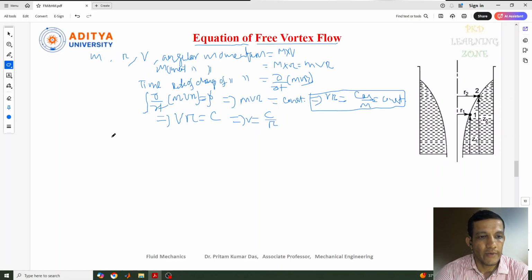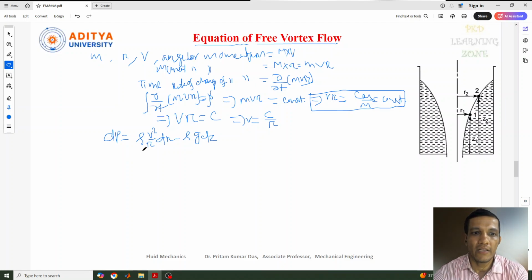Let me write that equation, the pressure variation equation: dp equal to rho v square by r into dr minus rho g dz. This is the pressure variation equation, or you can say the generalized equation for vortex flow, whether it is in the horizontal or the vertical plane. We have discussed the horizontal condition, when it is moving in the horizontal plane, and this is for the vertical one, because dz is there.